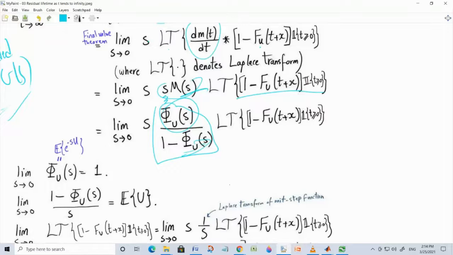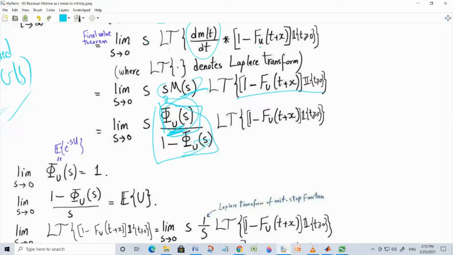So the trick here is basically to apply the limit as if you have a product of three functions. For the Laplace transform, the limit as s goes to 0 is 1. Okay, and it's like also the moment generating function and characteristic function. So the limit is 1.